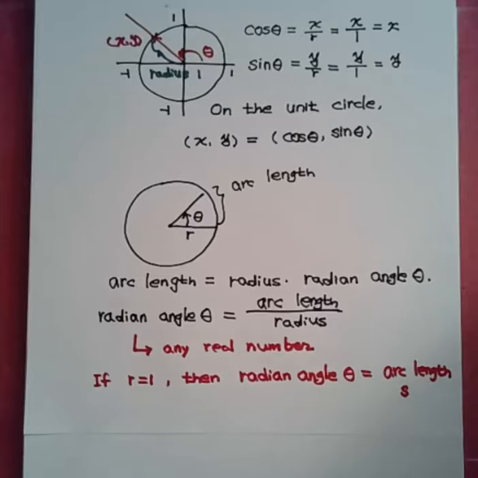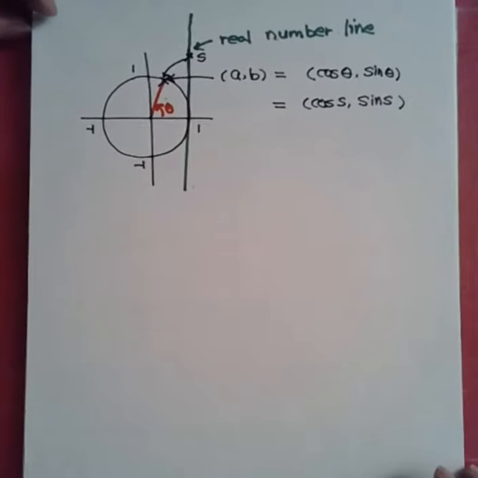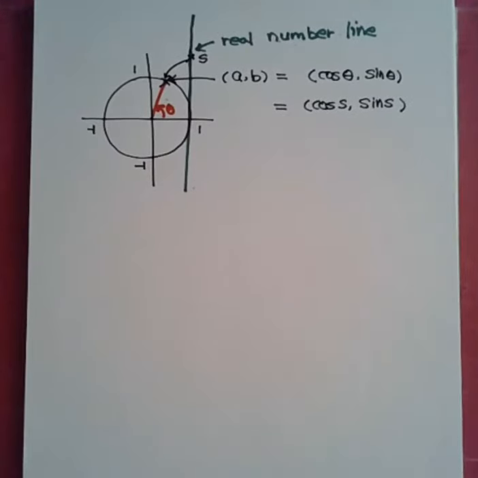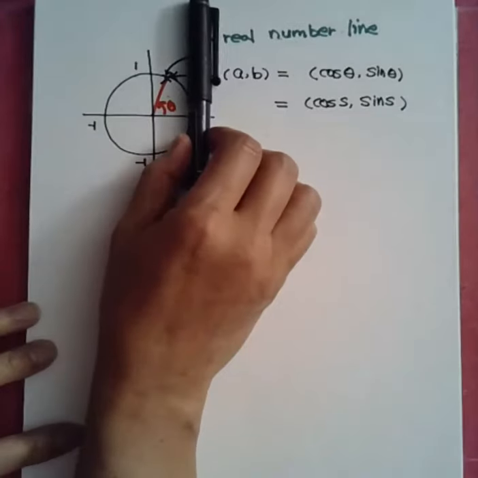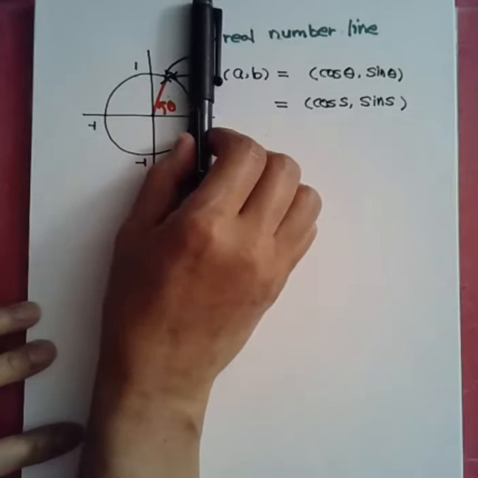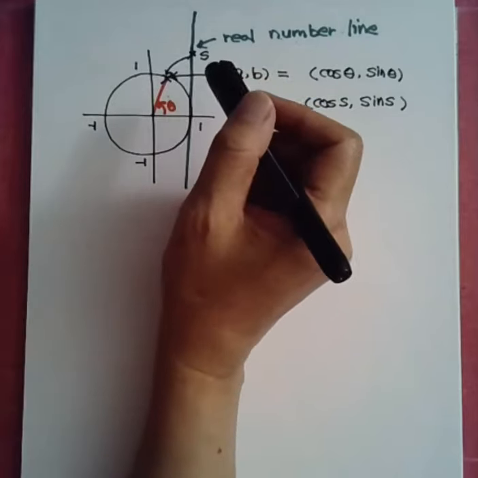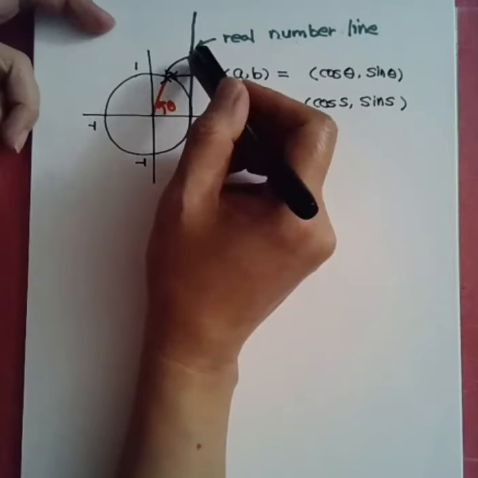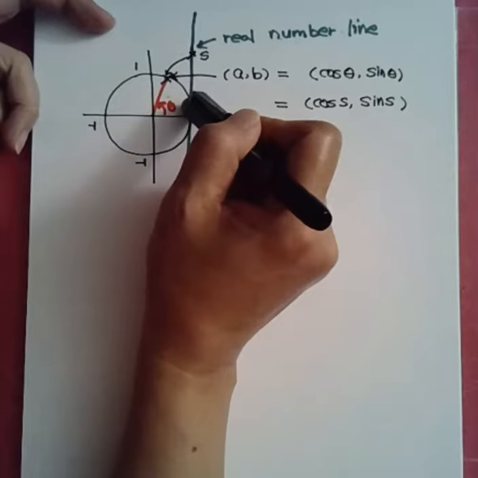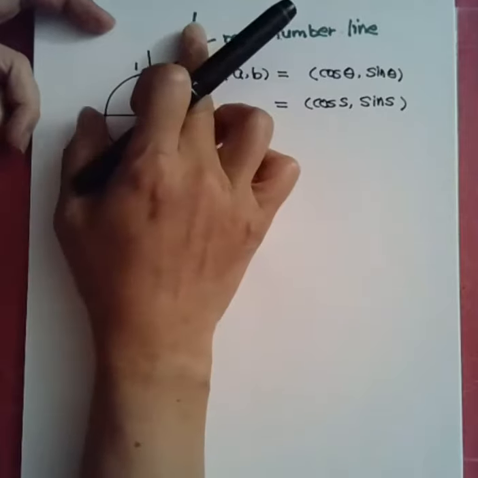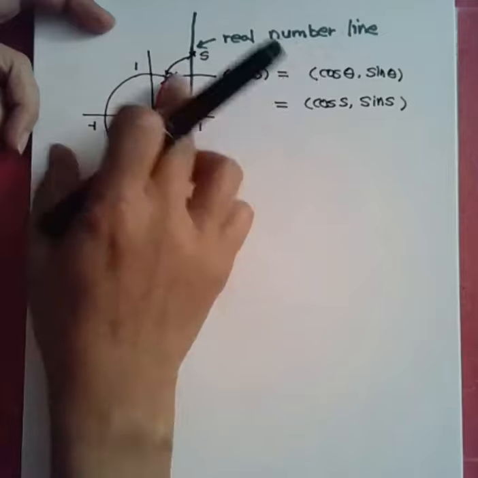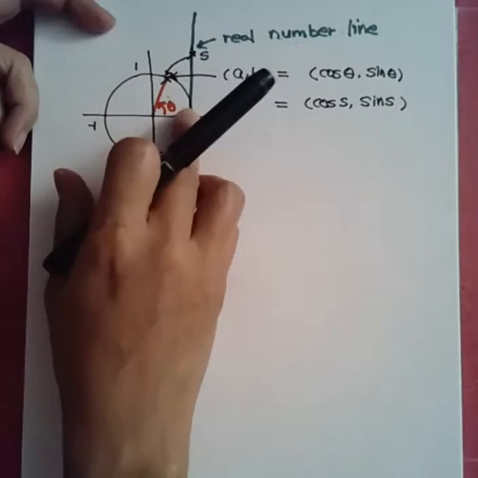To understand sine and cosine as a function, what we will do is attach the real number line to the unit circle like this. What we want to do is wrap around the circle with this real number line counterclockwise and clockwise.